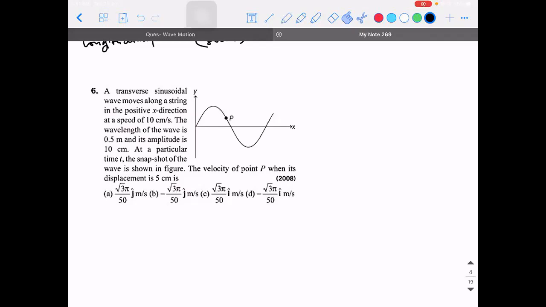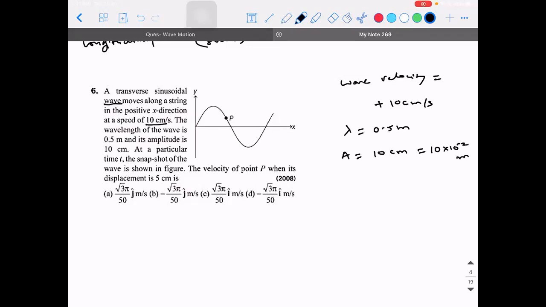So what speed have they given? The transverse sinusoidal wave moves with a speed of 10 centimeters per second. So the wave velocity is how much? Plus 10 centimeter per second, right? The wavelength of the wave is how much? 0.5 meter. Its amplitude is how much? 10 centimeter. That is 10 into 10 power minus 2 meter.